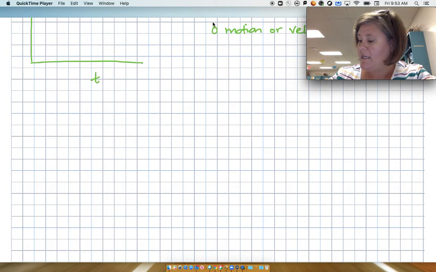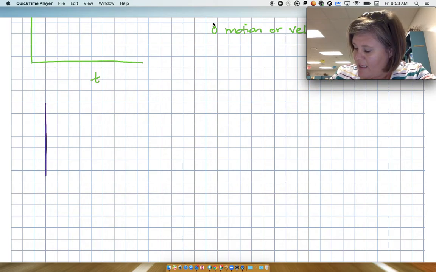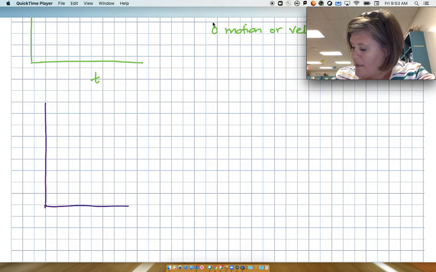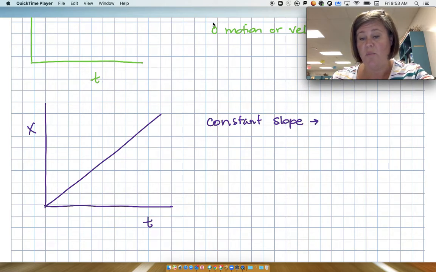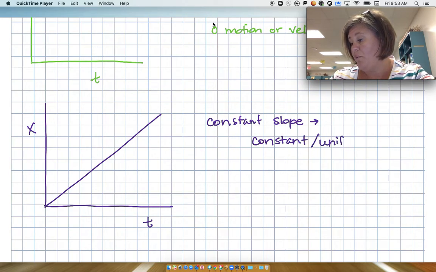Another one, something that looks like this. Okay, here we have a constant slope, and a constant slope means the object is moving with a constant, or sometimes this is called uniform, velocity.